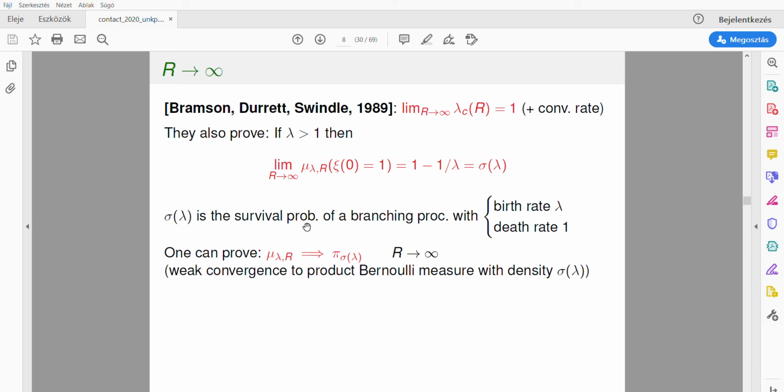What one can prove is that the upper invariant measure converges weakly to the Bernoulli product measure with this density, where lambda is fixed but r goes to infinity. This weak convergence means that if you choose r to be very big, then the configuration under the upper invariant measure is going to look locally very much like IID.